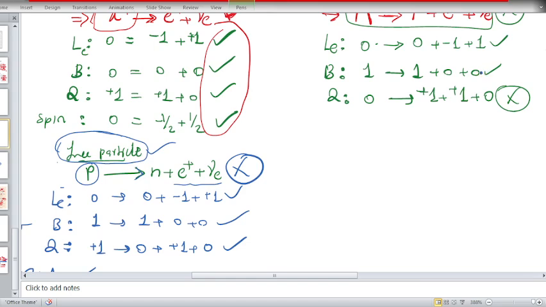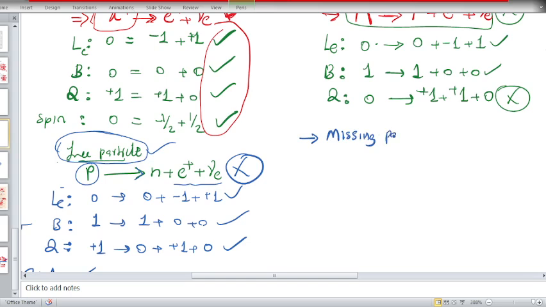Okay, and we will discuss one problem, that is the missing particle problem. Let's take one simple case.